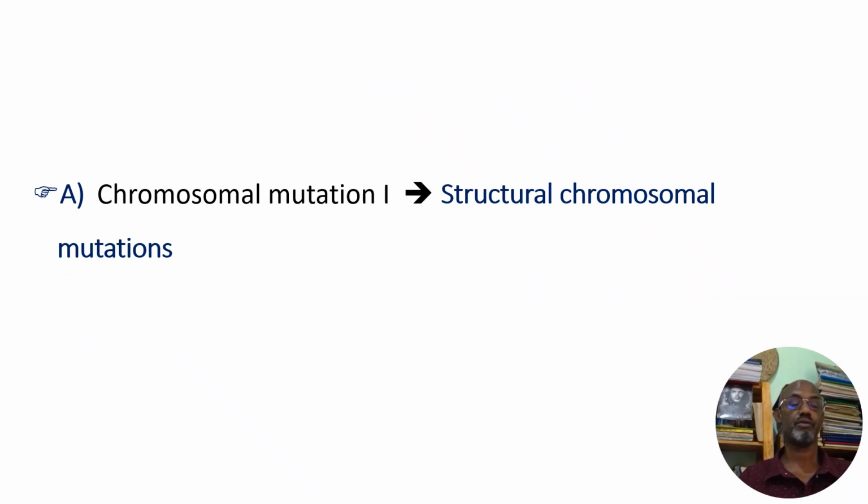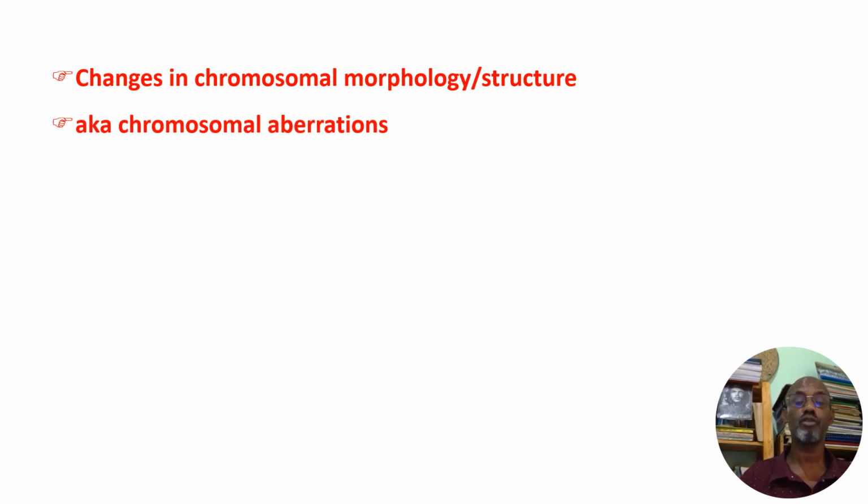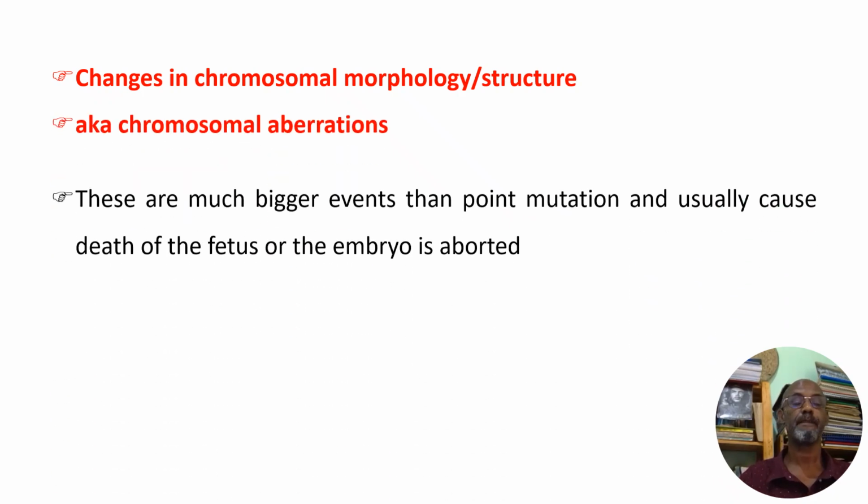Let's discuss the first one, type 1, structural chromosomal mutations, also known as structural chromosomal aberrations: change in chromosomal morphology or structure.